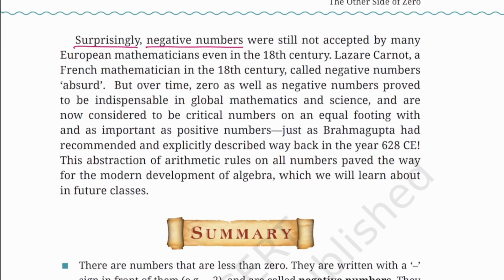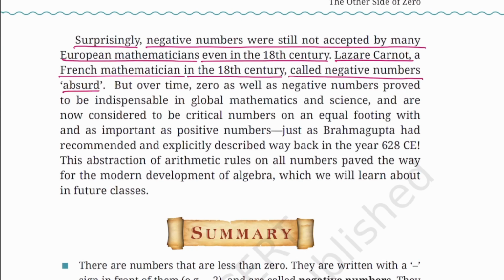Surprisingly, negative numbers were still not accepted by many European mathematicians even in the 18th century. Lazare Carnot, a French mathematician in the 18th century, called negative numbers absurd.